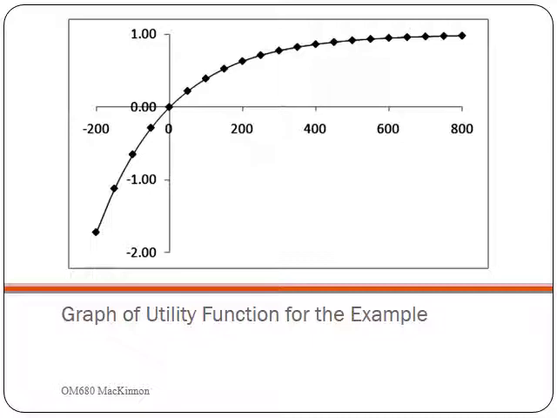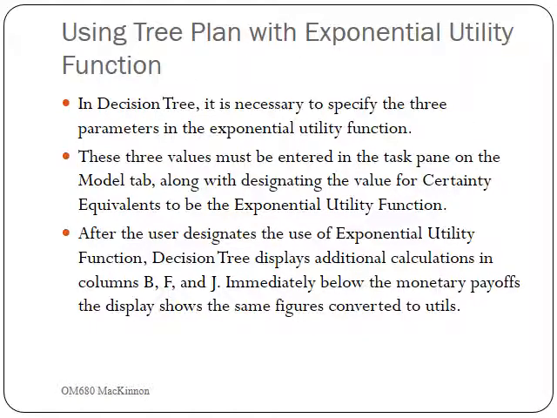So when you incorporate risk into the function, it gives you a little different result. In decision tree, what we'll do, and I'll show you how to do this, is specify the 3 parameters. I'm not going to go through the task pane and all that. I will show you that.